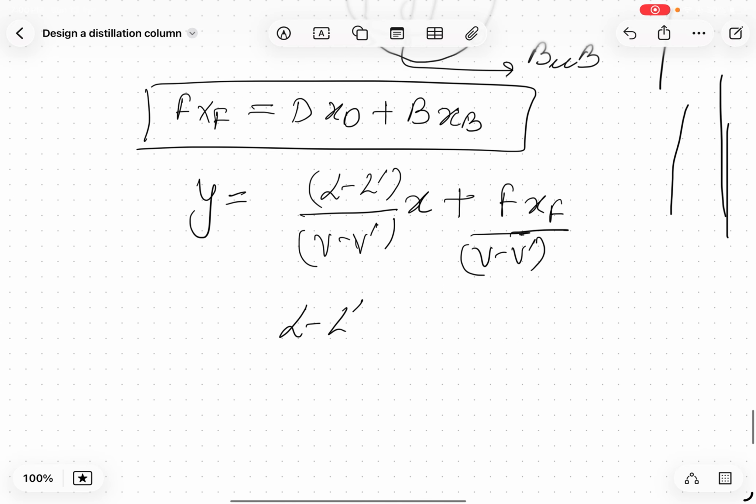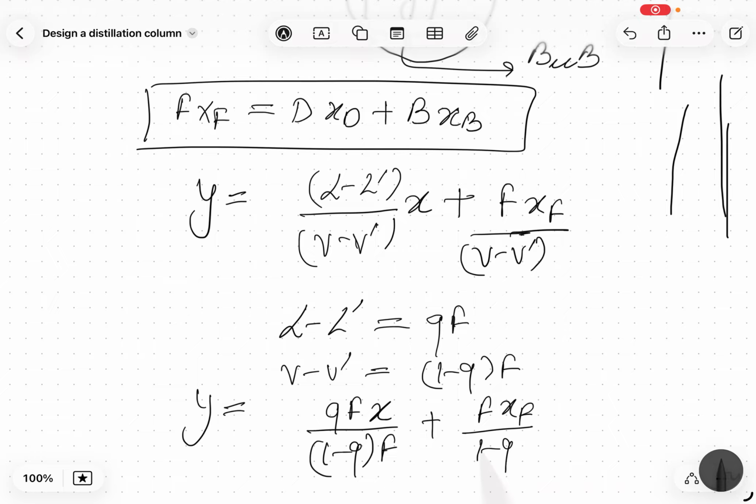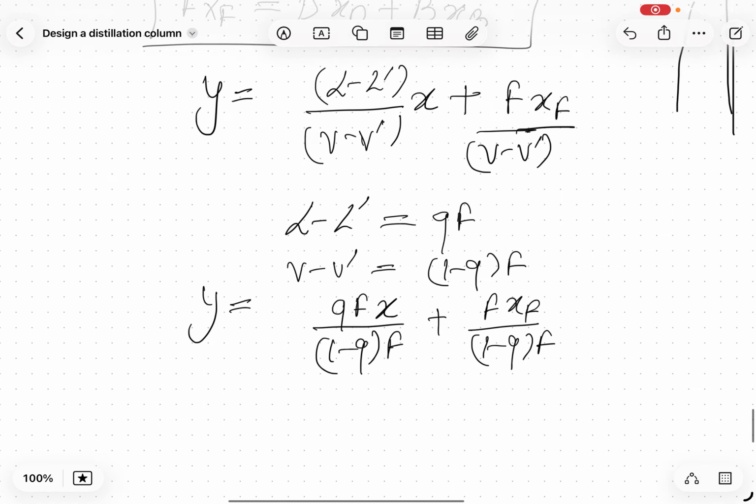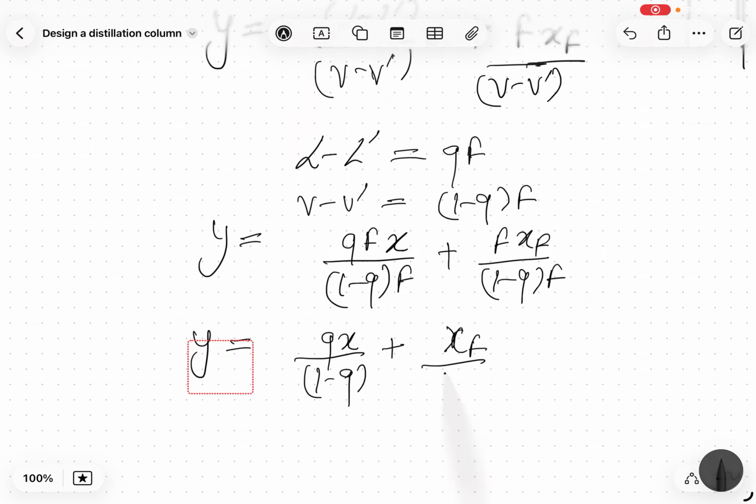So it can be replaced by QF, and V minus V dash, that vapor that is leaving, is equal to 1 minus Q into F. So after substituting this, it will become QF into X divided by 1 minus Q into F plus F into XF divided by 1 minus Q into F. Now you will see Y is equal to QX divided by 1 minus Q plus XF divided by 1 minus Q.